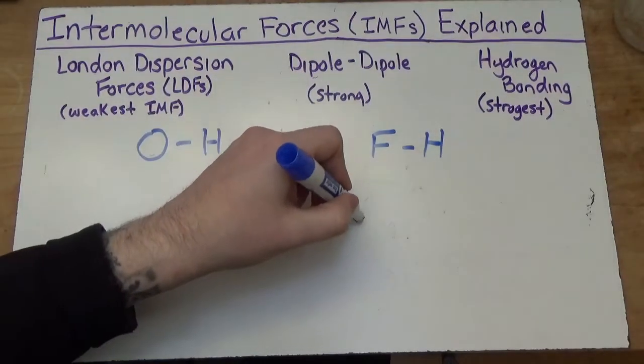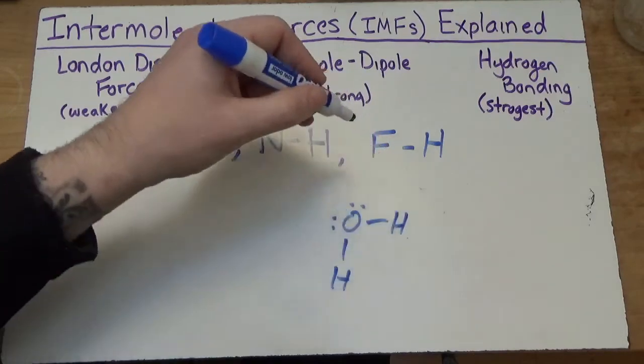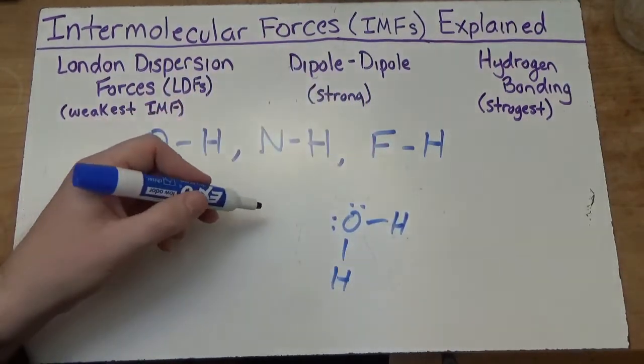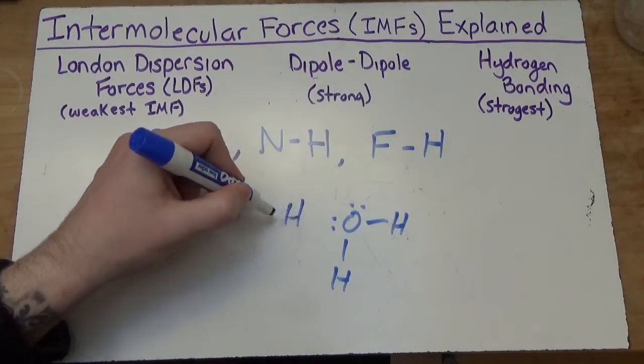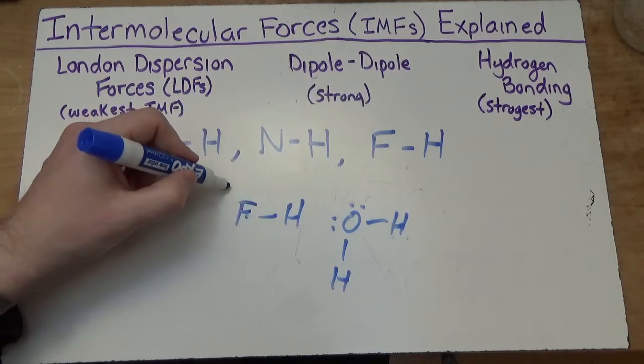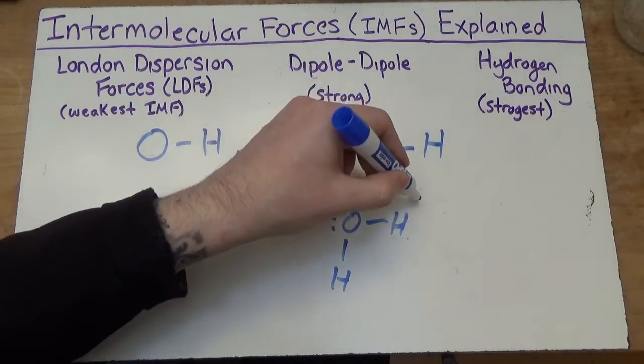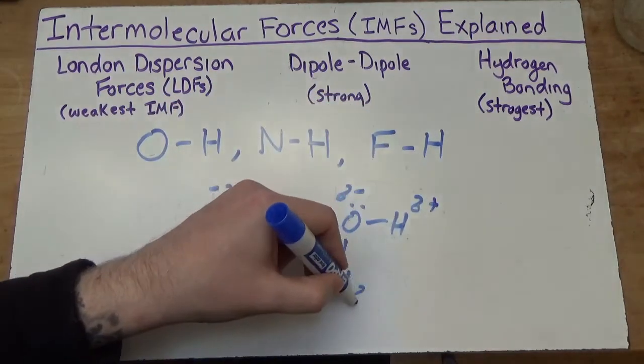So, if I had a water molecule next to a hydrogen fluoride molecule, fluorine is partially negative, so is oxygen. H's are going to be partially positive here.